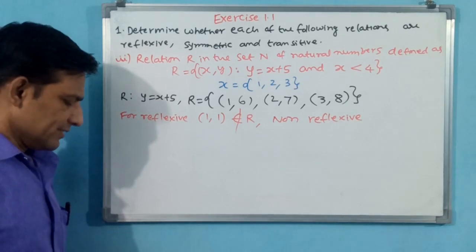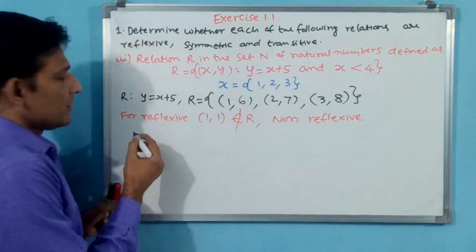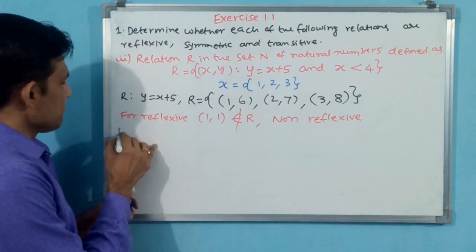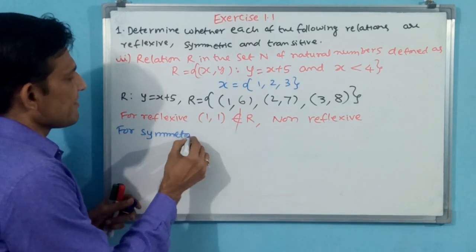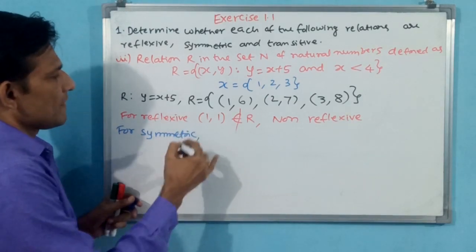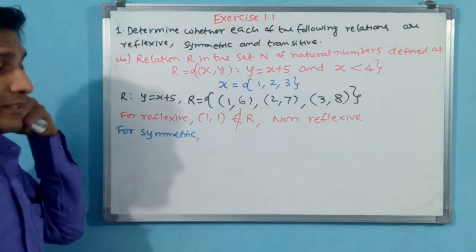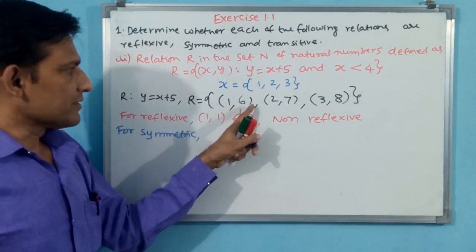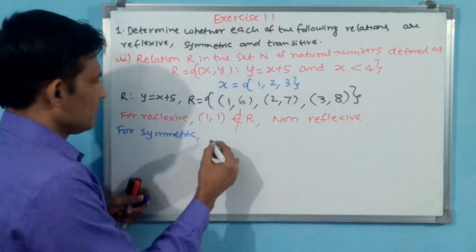Okay. Now you see for the second one. Symmetric. For symmetric, 1, 6 is there, but 6, 1 is not there. Then not symmetric. Okay, we will write like this.